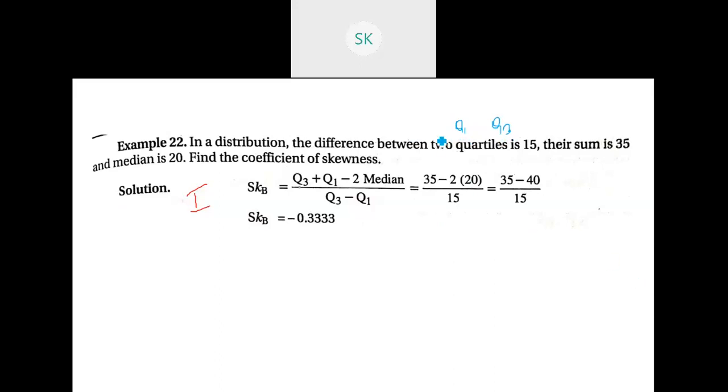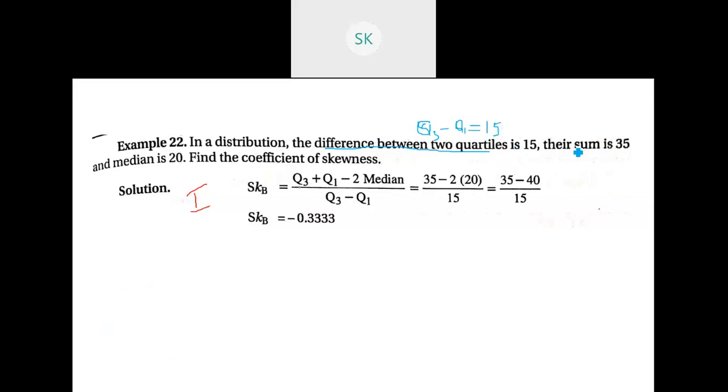So they're saying the difference between two quartiles, which means the Q3 and Q1 difference. So you can take it as Q3 minus Q1, and the number given to us is 15. So Q3 minus Q1 is 15.